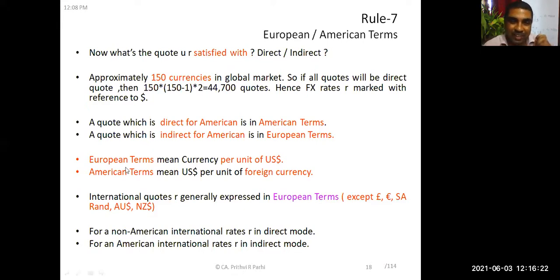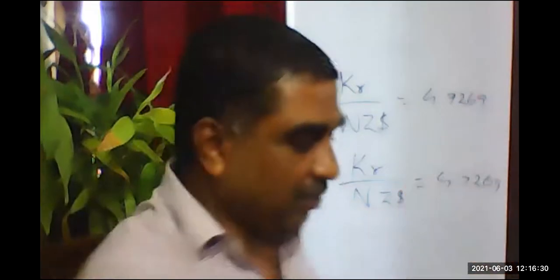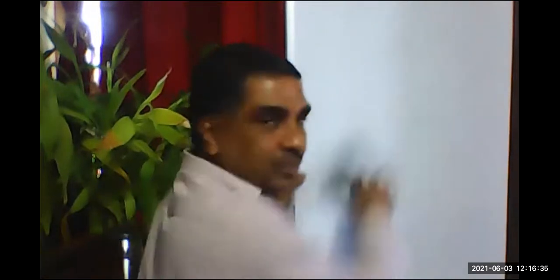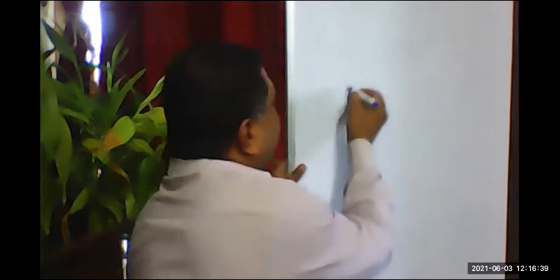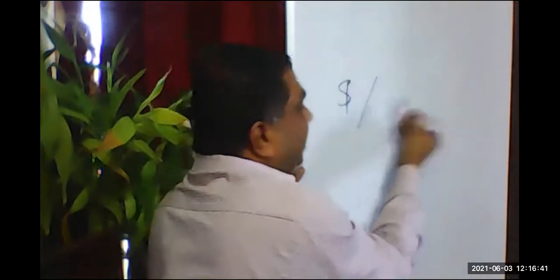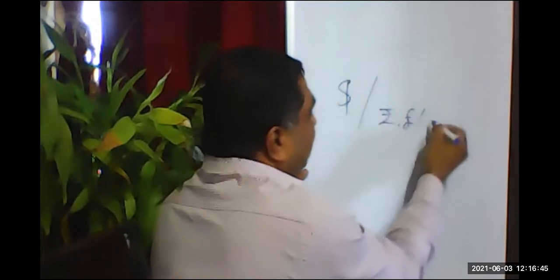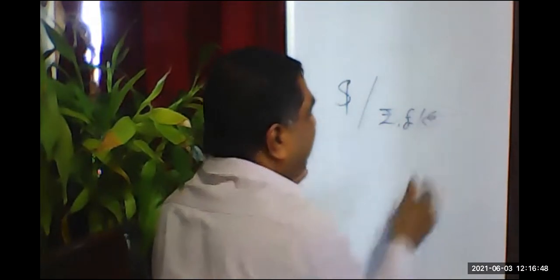Okay, and what is American term? American term means US dollar per unit of foreign currency. Now two systems I am talking about. One is European term, second one is American term. What is American term? Dollar by any currency. It may be rupee, pound, euro, anything.